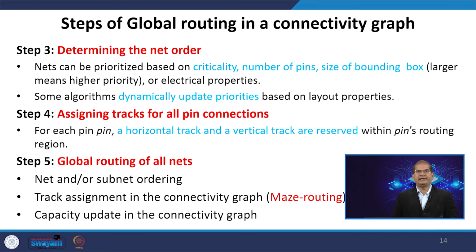Now, after we create the connectivity graph, there are some steps involved. One of the steps is net ordering: determine the order of the nets in which they will be routed. Nets can be given priority based on the criticality of the path or interconnect. It also depends upon the number of pins it connects, and the size of the bounding box.